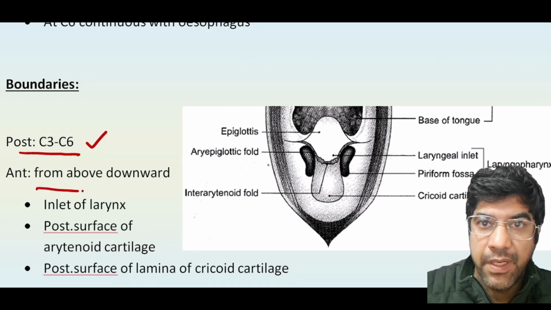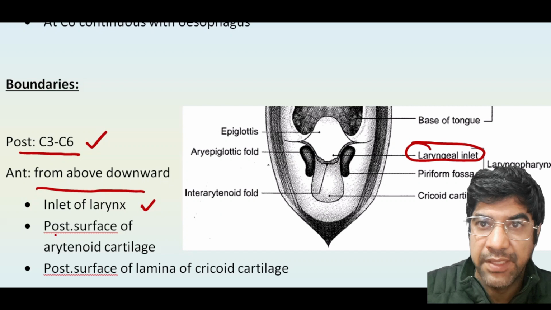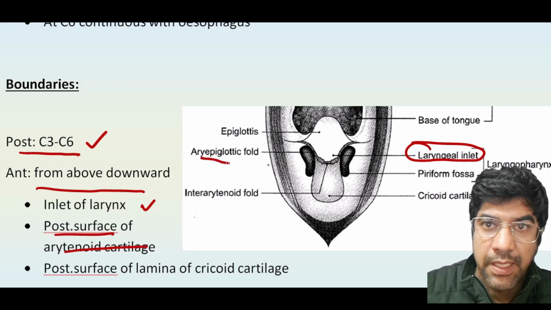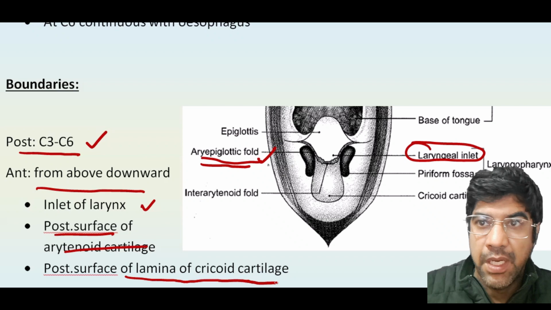Anteriorly from above downward, there is the inlet of the larynx, the laryngeal inlet. Then there is the posterior surface of the arytenoid cartilage containing the aryepiglottic fold, and the posterior surface of the lamina of the cricoid cartilage.